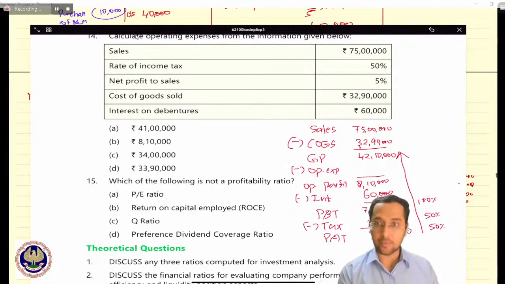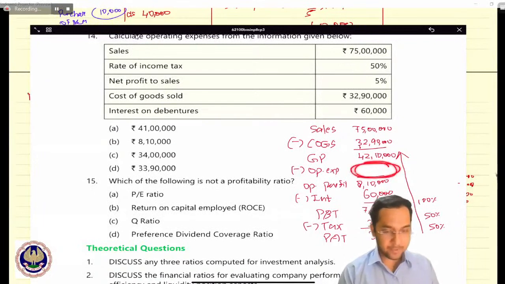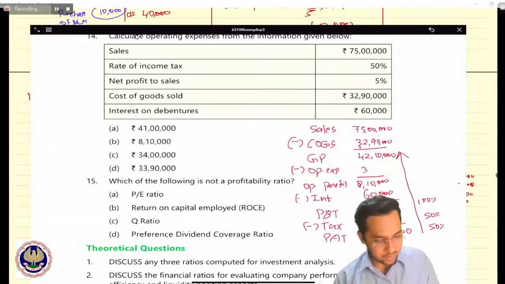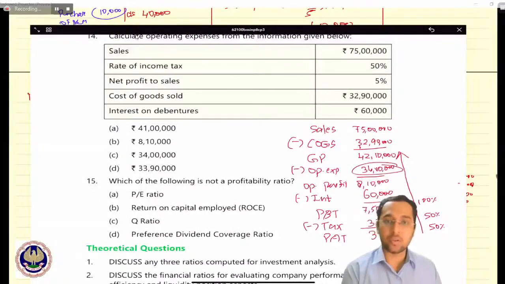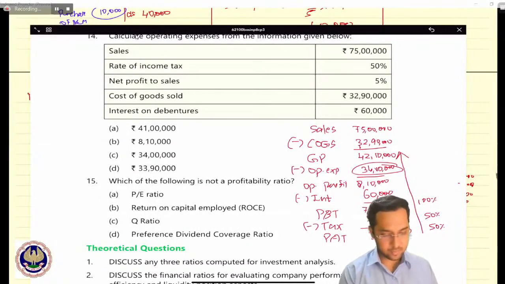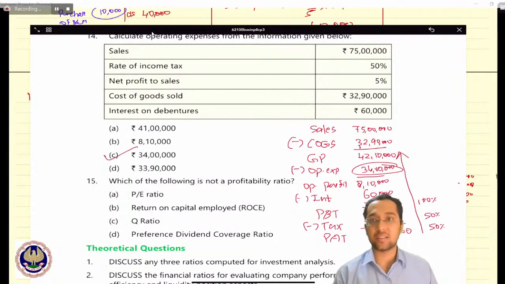So operating profit is 8 lakh 10,000, and definitely we'll have the operating expense as a balancing figure, which is 34 lakh. So option C is the correct one.